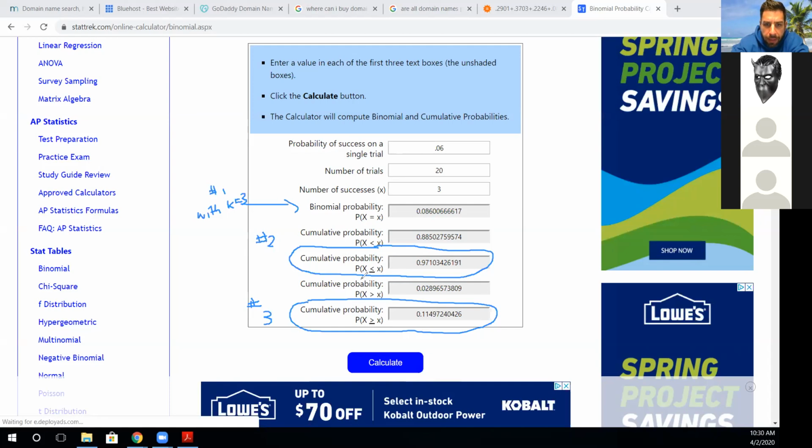Where my pen is circling, you have the less than or equal to. Now they're using X twice. I use X and K. They're using X and X. So you're going to have to make that connection with why they're using different letters, but it's still structurally the same thing. Does that make sense? Yes.